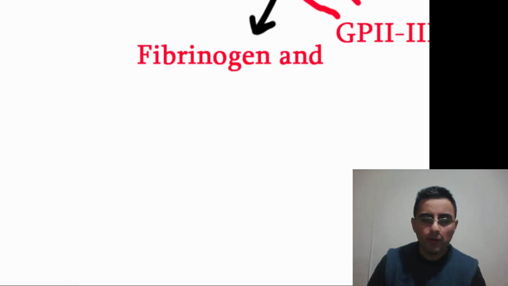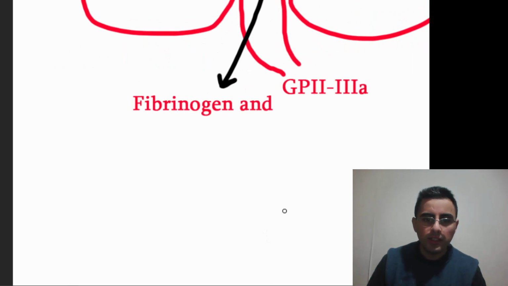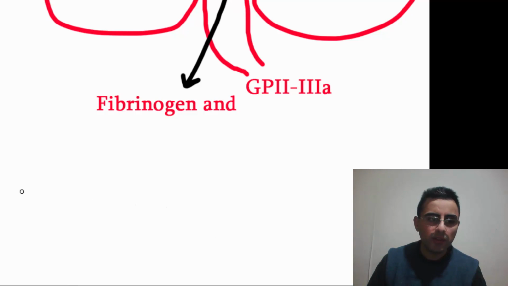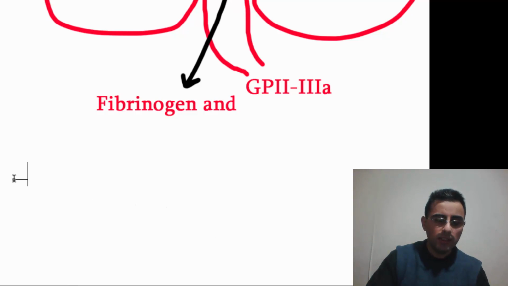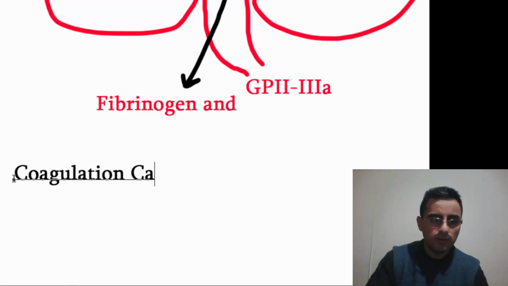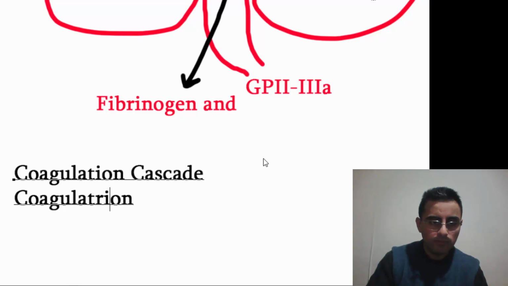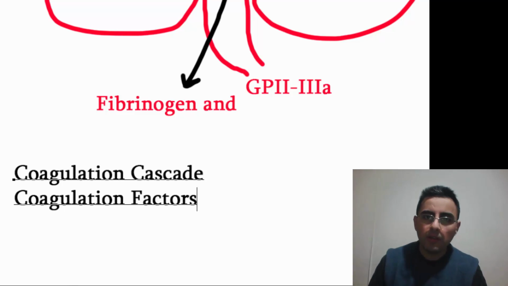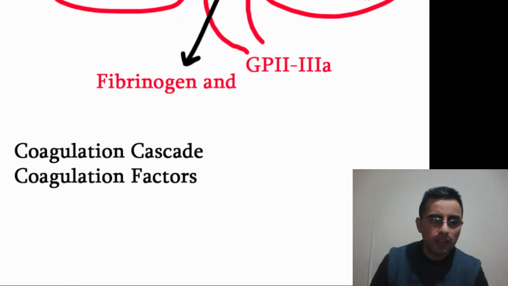Fibrin is not present in free form in blood. It needs a cascade, which is called the coagulation cascade. The coagulation cascade needs coagulation factors. These coagulation factors are 12 to 1.